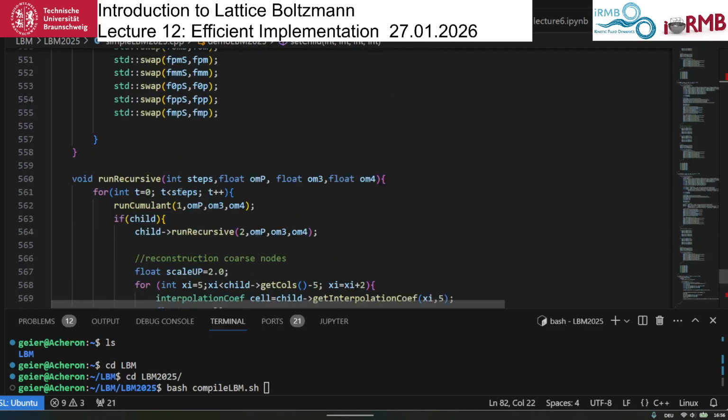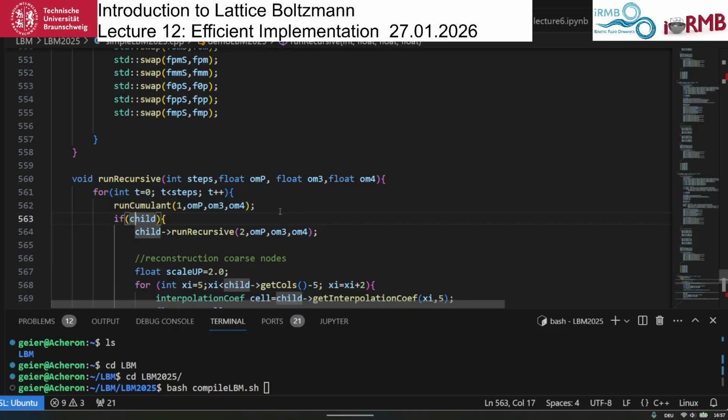And swap here. So now we were here. This is where we came to. Here we wanted to compute this recursively. We're doing this for t time steps. We count over t. Now what we do is we run one coarse time step. If it doesn't have a child, we are done here.